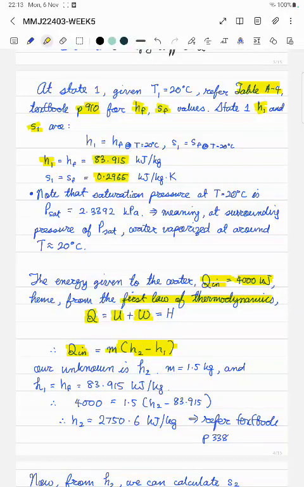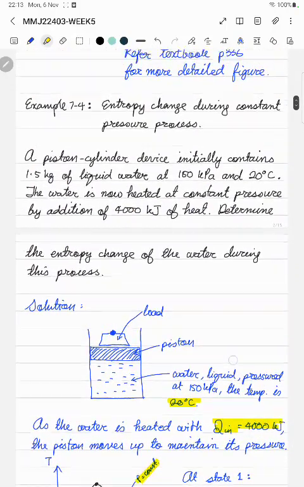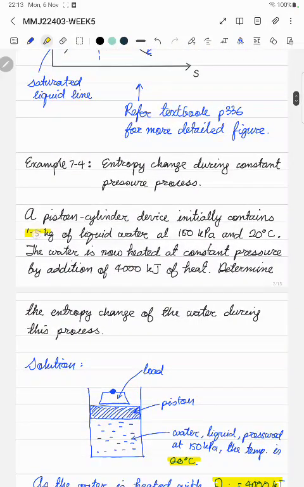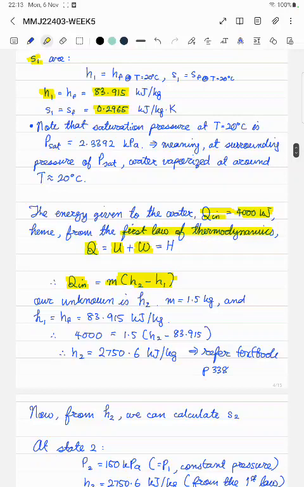And because we know the mass of the fluid is 1.5 kilogram, as stated here, we can calculate directly that the input of heat energy will affect the change of the enthalpy, and we can calculate the enthalpy from the energy equation.